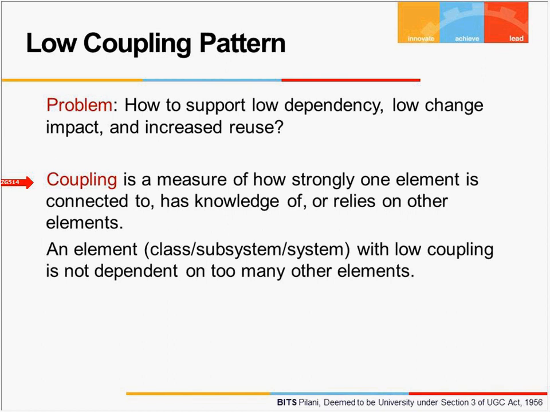Coupling in a way defines rigidness, connectivity, and dependence of a particular class or element on other classes. The more connections class X has to other classes in the system, the higher its coupling becomes.